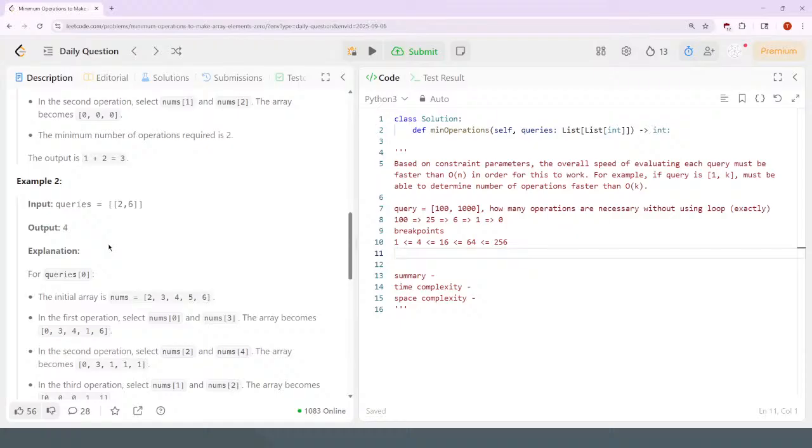So 4 goes to 1, so 3 goes to 0. Anything below 4, 3, 2, 1, goes to 0. And 15 through 4: 15 goes to 3, right?